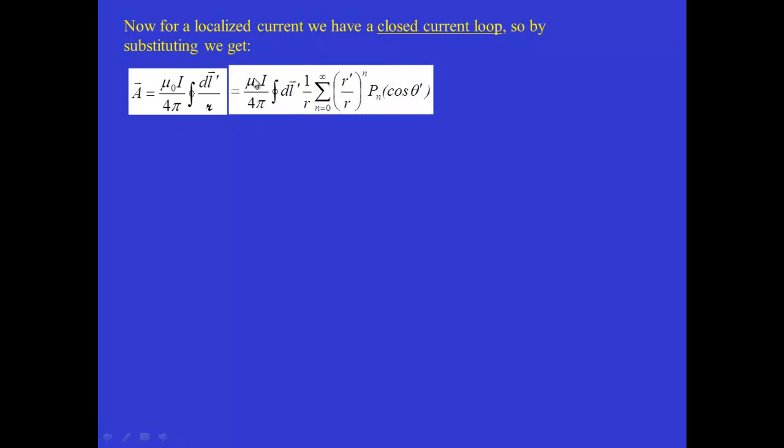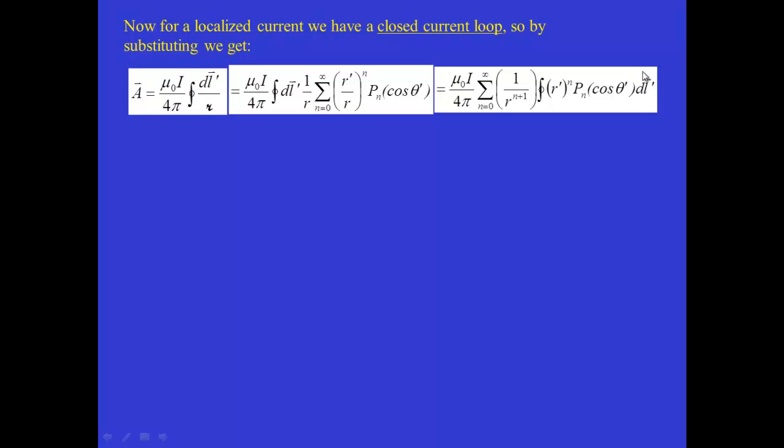By substituting in for 1 over script r, we see that we have an integral of dl prime times all the terms in this power series expansion. Since the integral of the sum can also be written as the sum of the integrals, with a little rearrangement, we pull the mu naught I over 4 pi out in front, and now we have a summation over n of 1 over r to the n plus 1, because we had a factor of 1 over r and a factor of r to the n here, times the integral around this closed current loop of r prime to the n times P sub n of cos theta prime times dl prime.